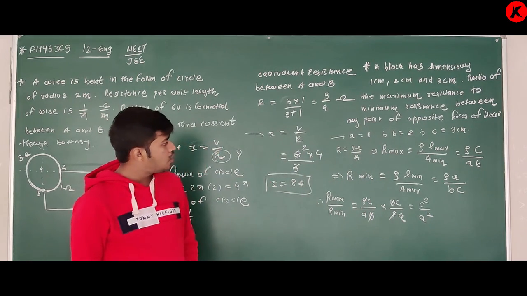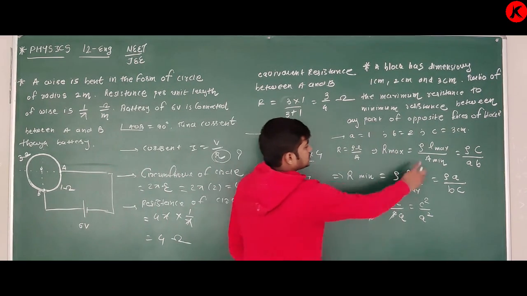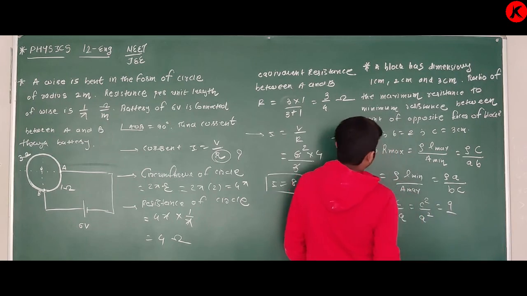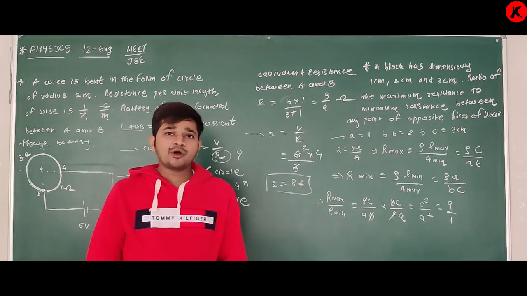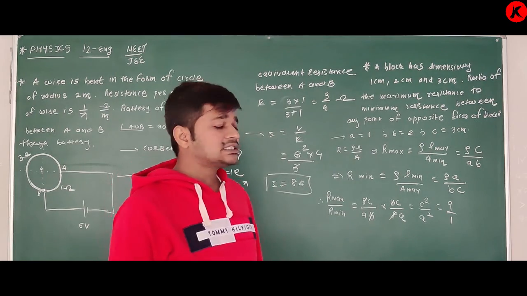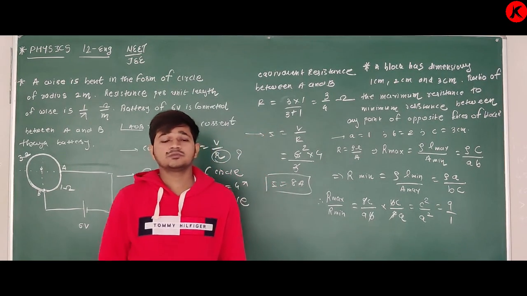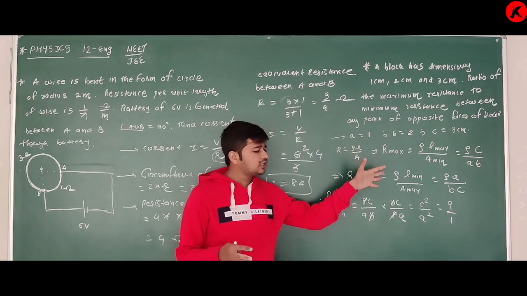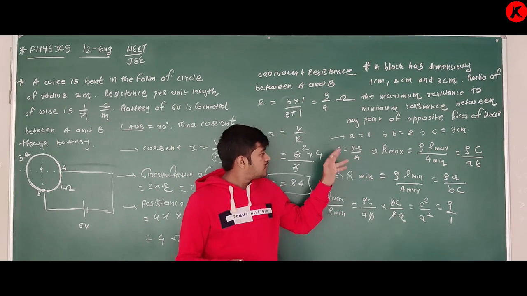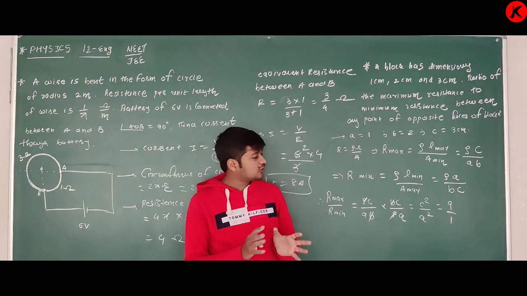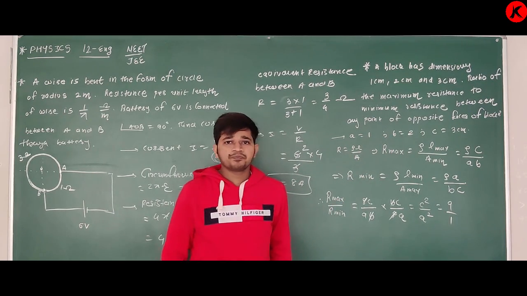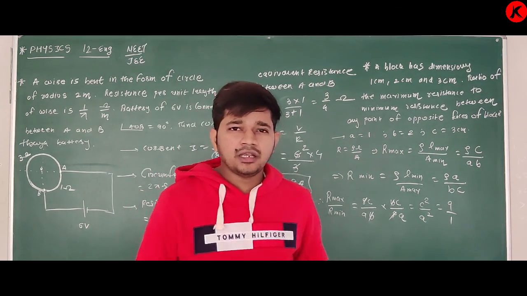C square, 3 square, is 9. And A square is 1, so it is divided by 1. So R maximum upon R minimum is equal to 9 divided by 1. Clear? So you have to think, from the equation, for maximum resistance L is maximum and A is minimum. Then for which combination is it possible? You have to think actually.